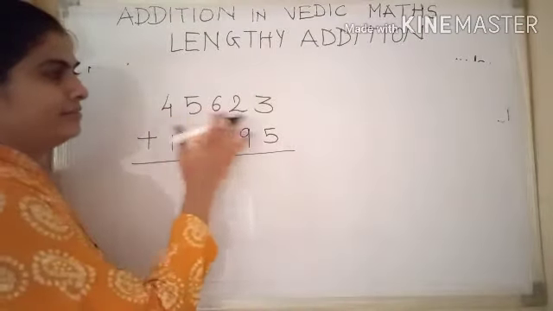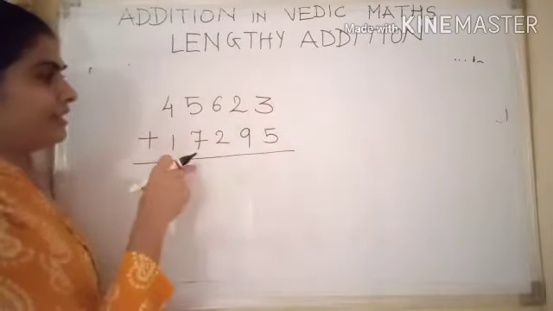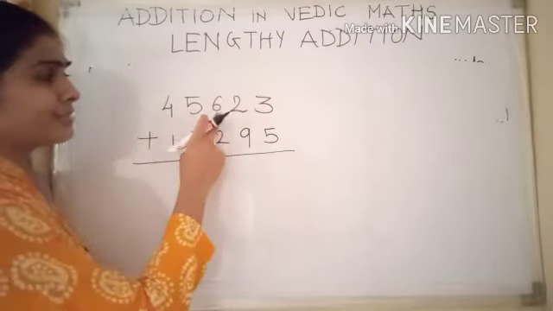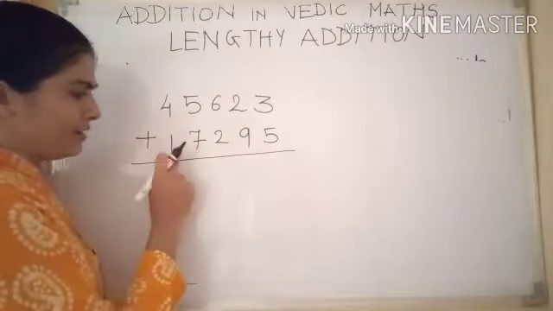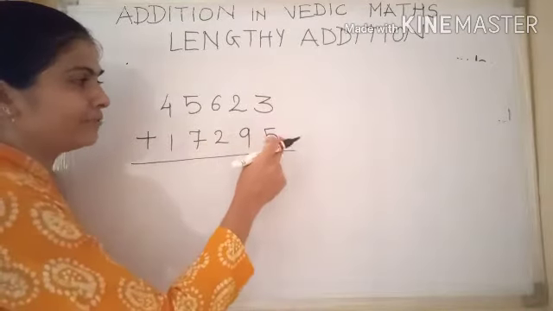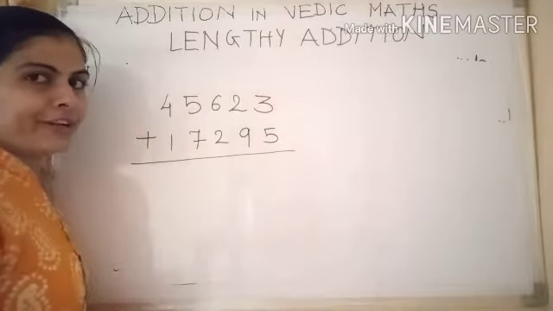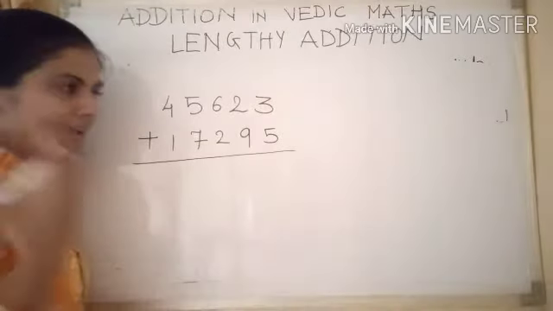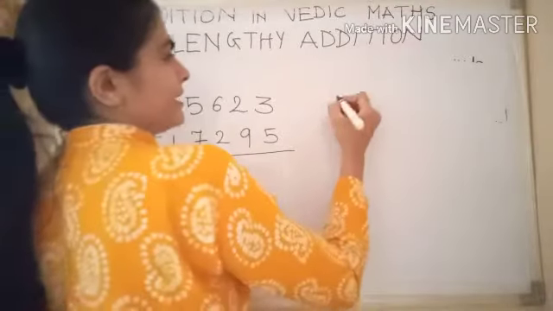I have taken one example for the lengthy addition, that is 45623 plus 17295. We have already discussed 2 digits and 3 digits. Some rules are there.